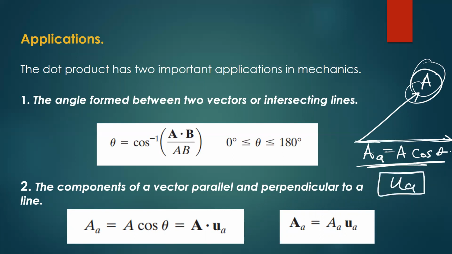To find the projection of this vector A along the unit vector UA, you simply have to multiply that unit vector with the scalar quantity of A. So to find the Cartesian components of the vector A along the unit vector UA, you simply multiply your unit vector times the value of that force that you've been given.